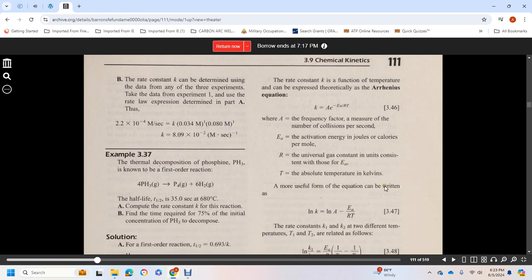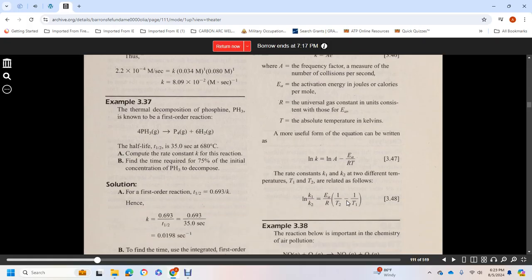A most useful form of the equation is ln k equals ln A minus E_a over RT, with E_a in joules per mole and R in consistent units.